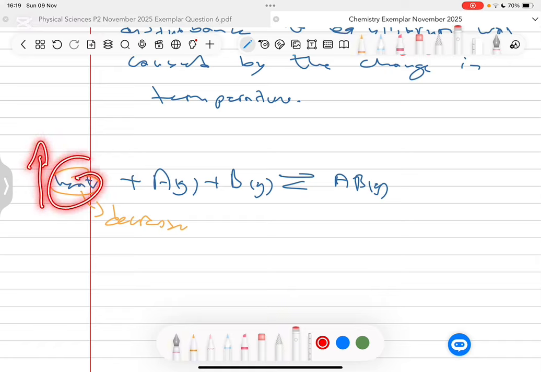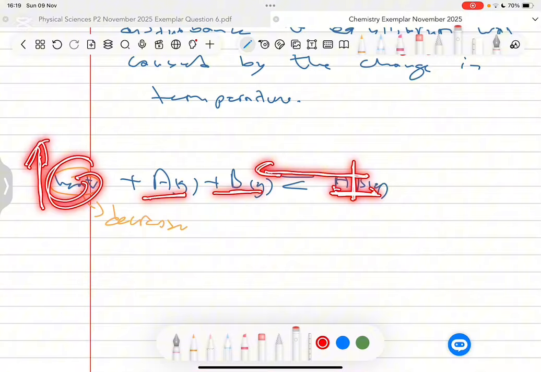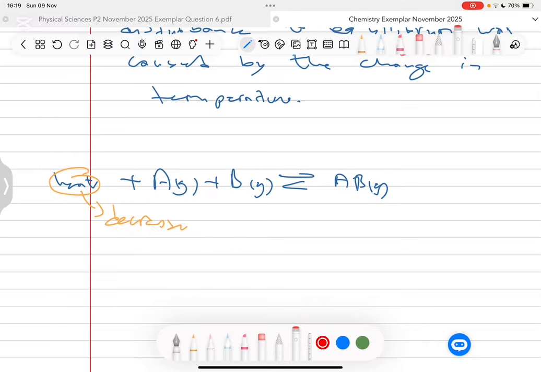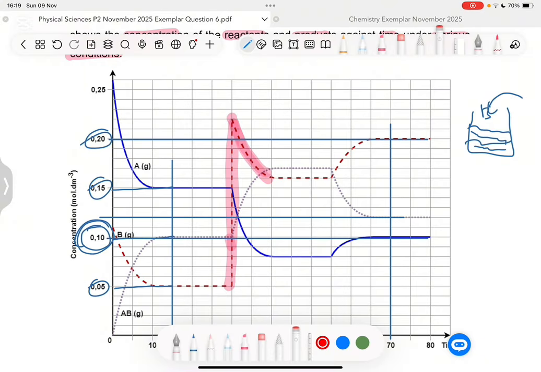So to increase the temperature, it means I have to break A and B. And by breaking it, it means we are doing a reverse reaction. We are forming A and B because when it breaks, I'm going to have A and B, and it's a reverse reaction, and we form heat. That means the heat increases to then cancel this effect of decreasing it. So it means initially we decreased the temperature here.